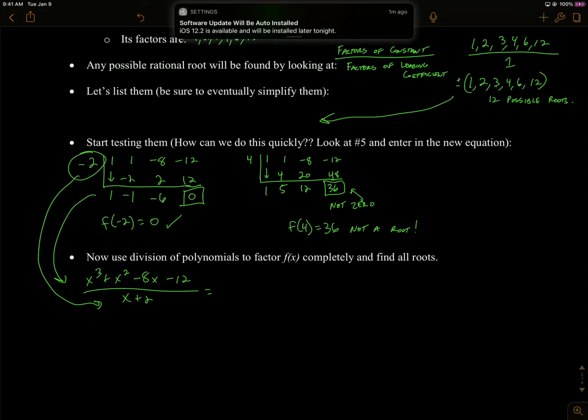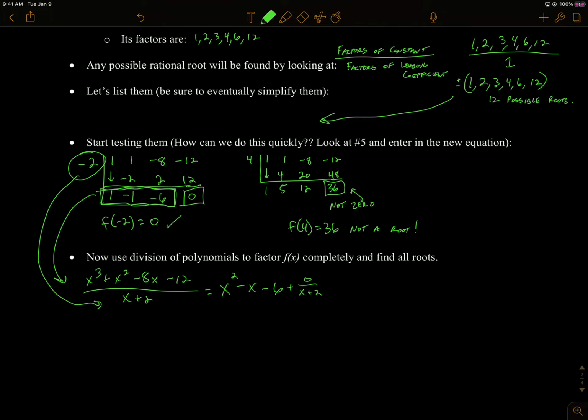My quotient, or my answer, ended up being x squared minus x minus 6. Where did I get those from? That's this stuff right here. That's my polynomial answer plus the remainder divided by the divisor. The nice thing is when the remainder is 0, it's a clean factor. So that means that this part goes away.